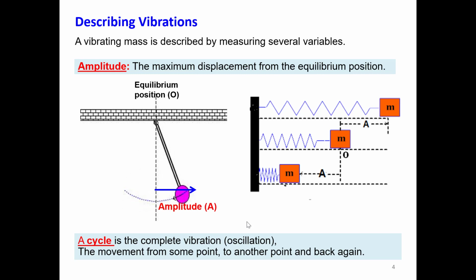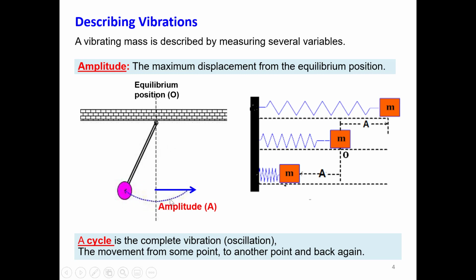What is the amplitude? It is the maximum displacement from the equilibrium position. If this is the equilibrium position, this point here is the maximum displacement. This is also the maximum displacement, but in the opposite direction.